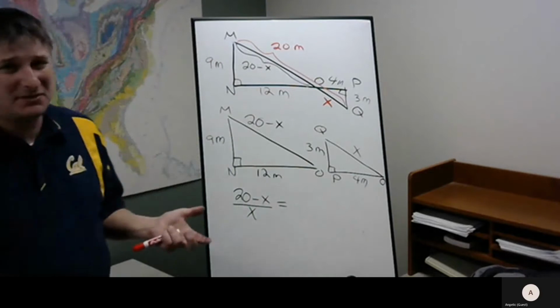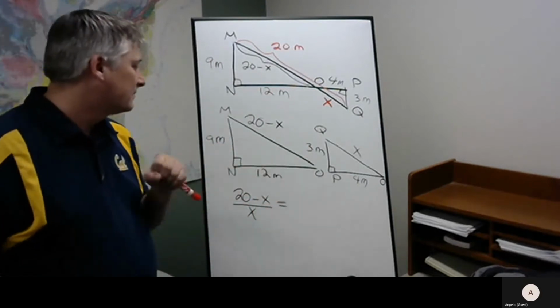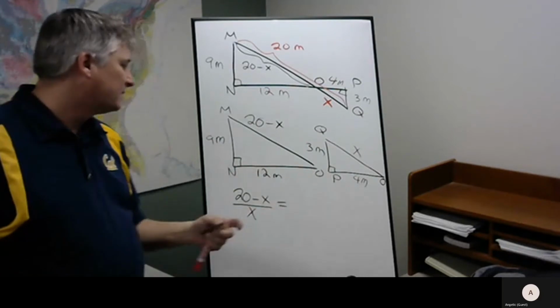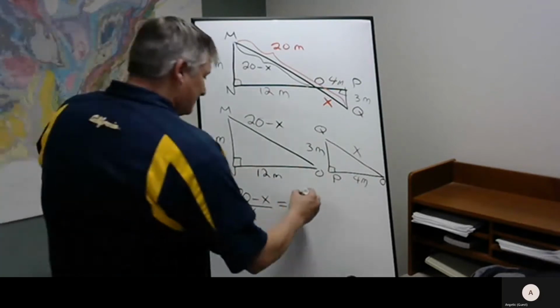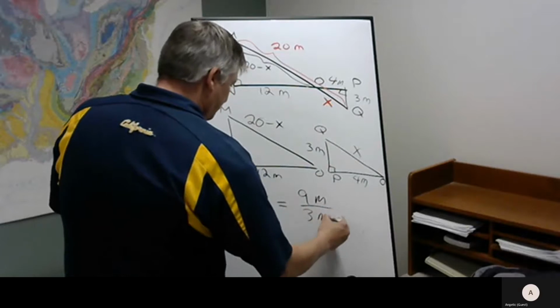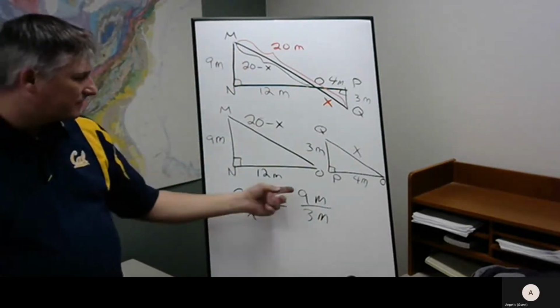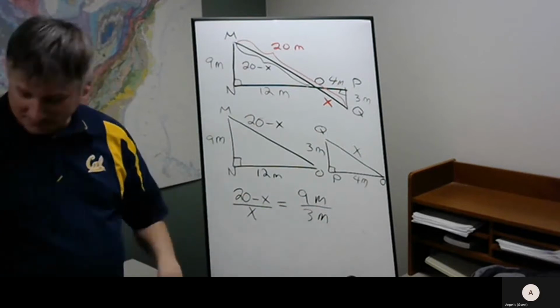And then we can compare this to any other pair of corresponding sides. We could do the backs, or we could do the bases. Well, let's use the backs. Largest back, smallest back. So largest incline, largest back, smallest back.